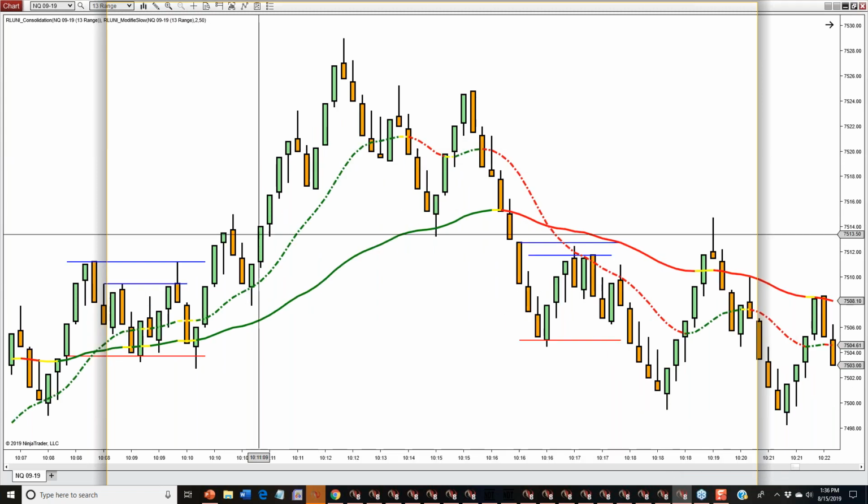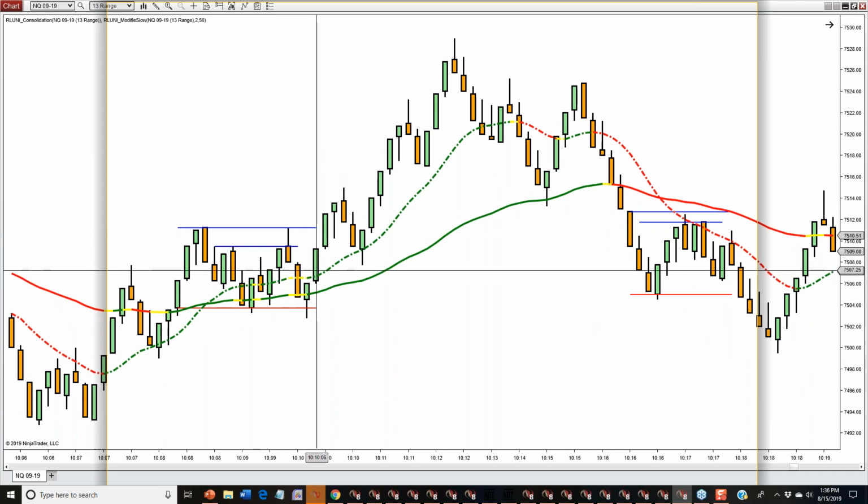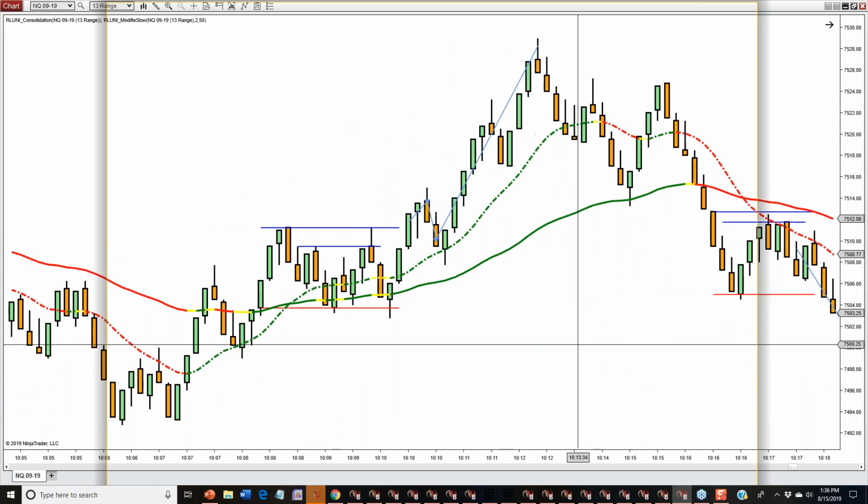So here's our 15 and our 50. So now we know which direction we're looking for consolidation to break. Now this breaks, comes back to support, and up you go. Here's the break straight to the downside out of consolidation.